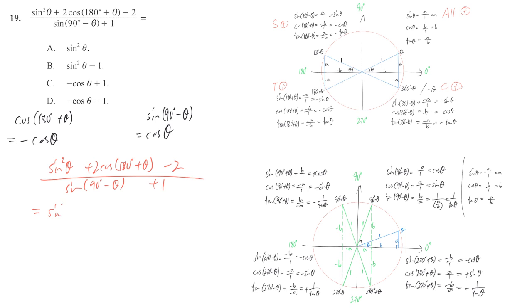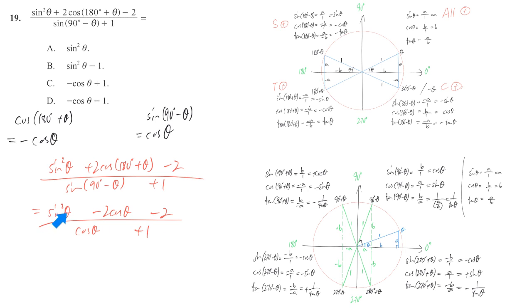We have sine square theta, and this becomes negative cosine theta, so we have minus 2 cosine theta minus 2. Sine of 90 degrees minus theta gives cosine theta, so this becomes cosine theta and then plus 1. In this expression, we find that only sine is different from the other items.